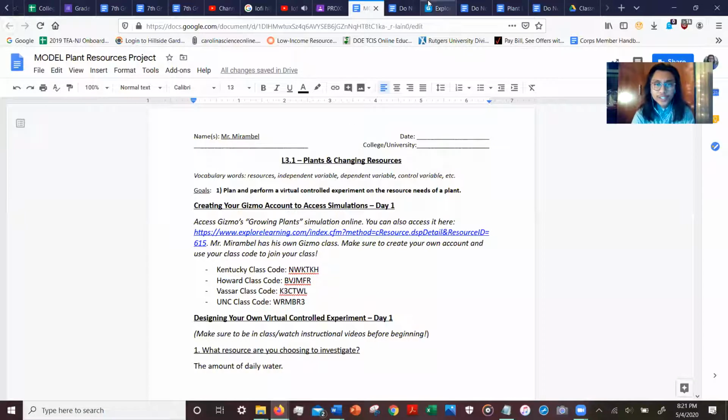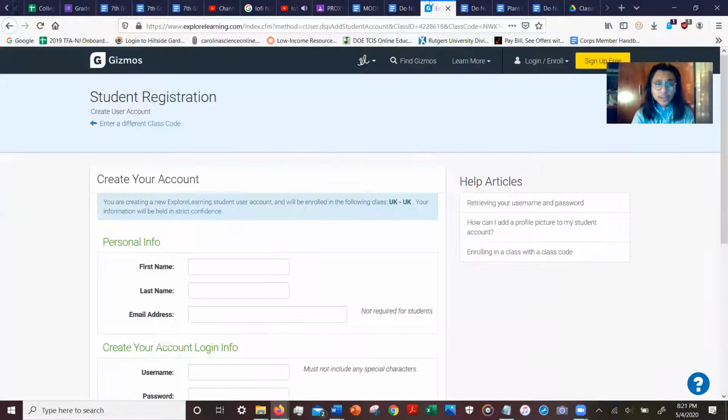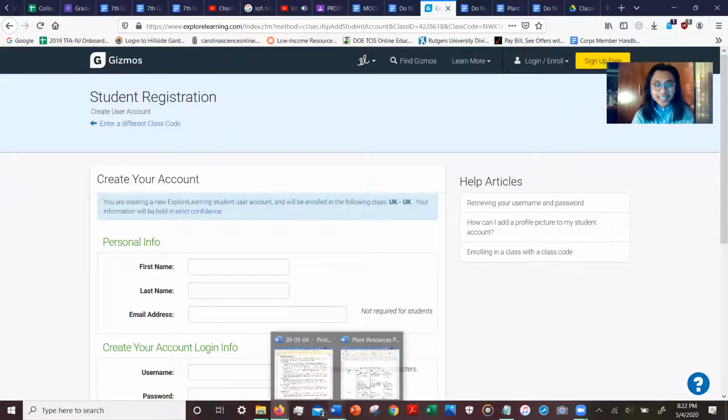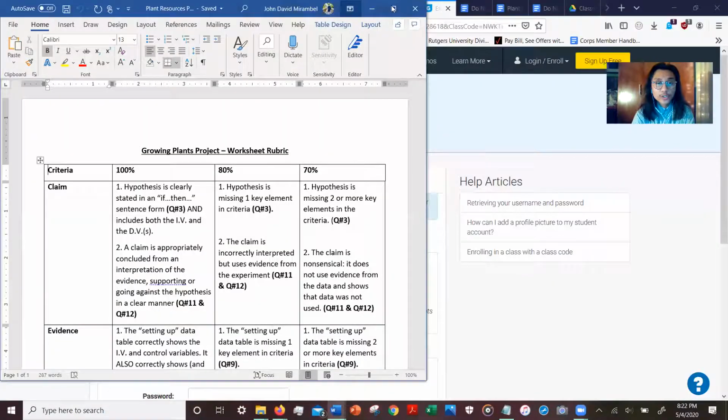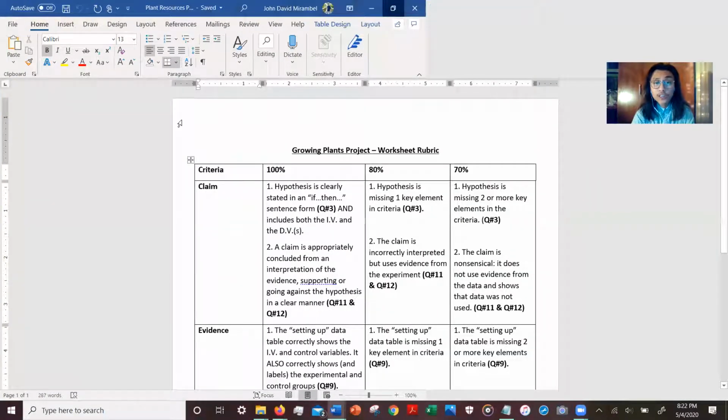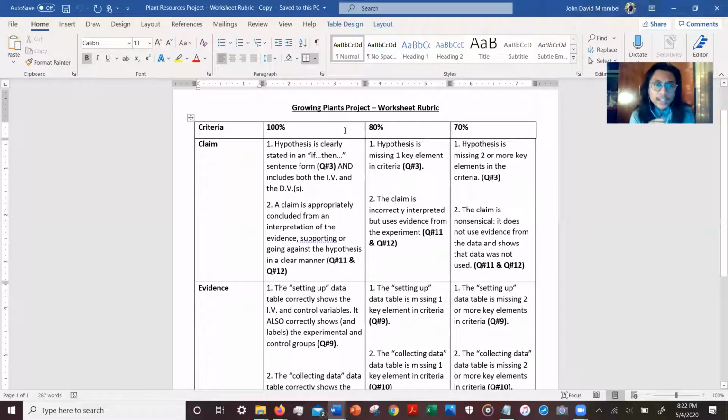Here's your plant resources project. This is my model. Here is your gizmo simulation. And lastly, on the screen, I'm going to show you your rubric and what it should look like. So, grading yourself. I am grading you on how you grade yourself so I can get a sense of where you think you are and if that's correct. Let's go over how you're going to do this.